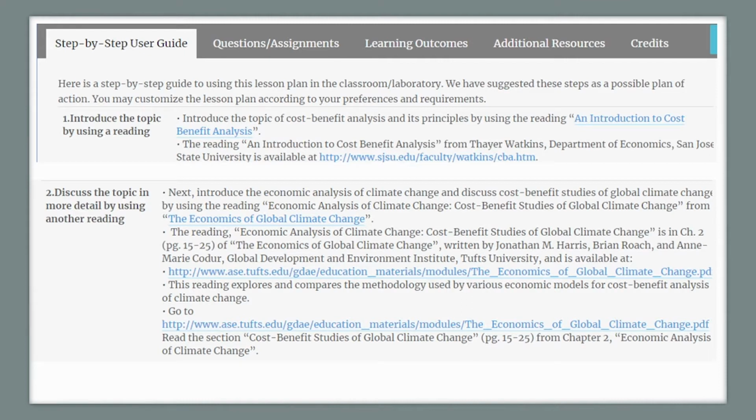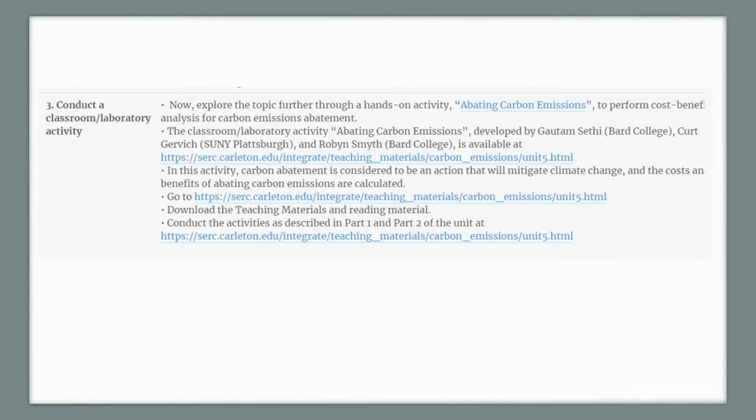This has been written by Jonathan Harris, Roach, and Coder from the Global Development and Environmental Institute at Tufts University. This reading explores and compares methodology that is used by various economic models for cost-benefit analysis of climate change. Instructions of which sections to stress are provided in this lesson plan.